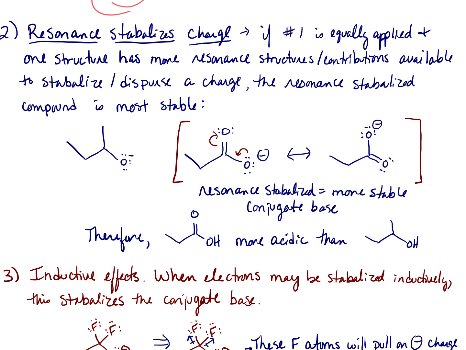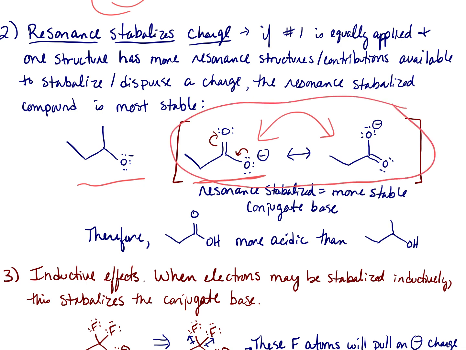If everything in rule number 1 is equally applied, then the structure that has more resonant structures to it will end up being more stable as a conjugate base. So here's what that means. If we look at this one right here versus, let's say, this one, and he has multiple resonant structures, that means that as a base, he is more stable.